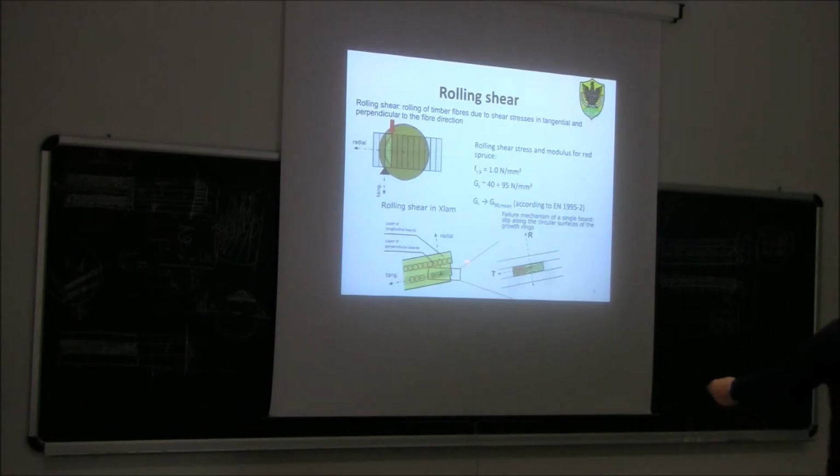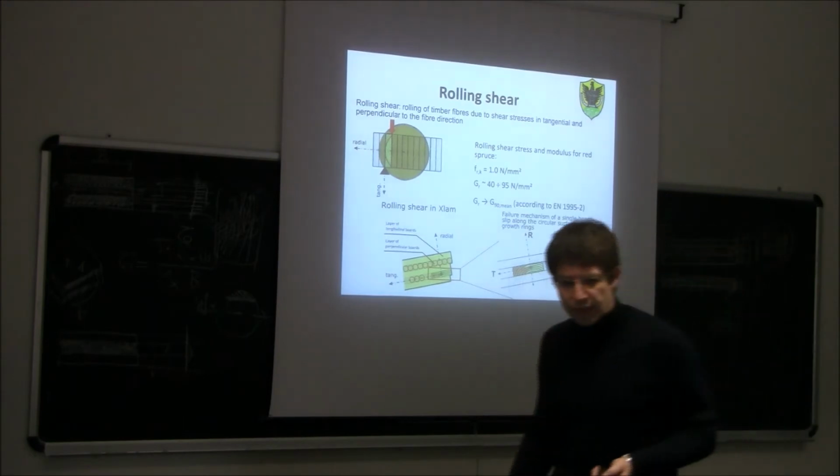So, looking at how the layers are arranged, it appears clear that all the layers that are perpendicular to the grain will be subjected to rolling shear, while instead the layers that are loaded parallel to the grain will be subjected to longitudinal shear.